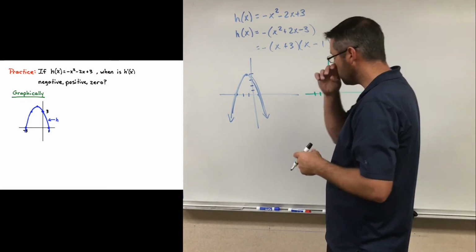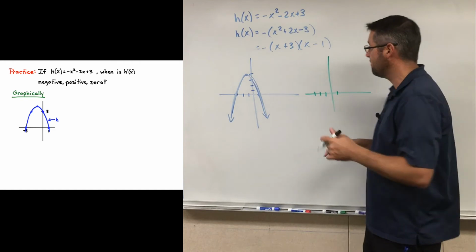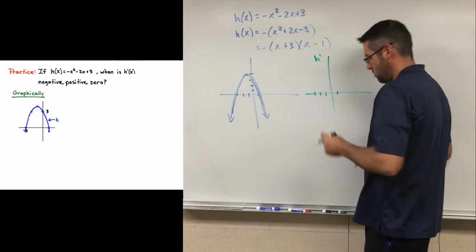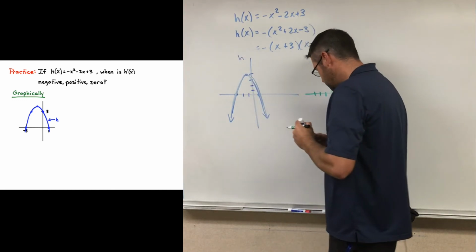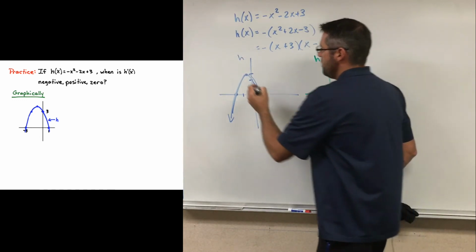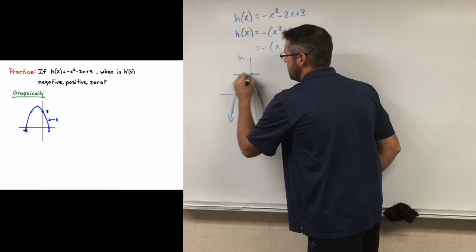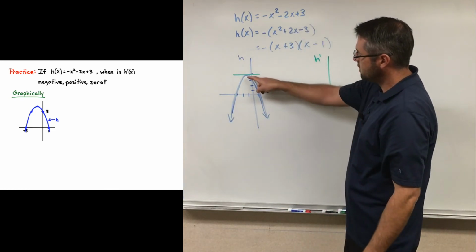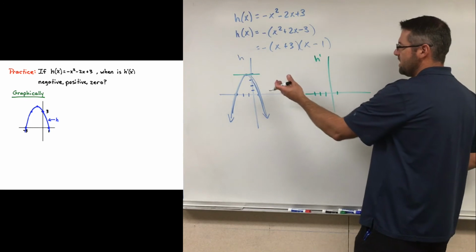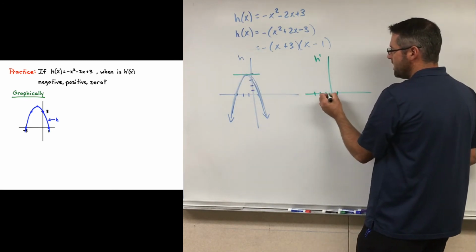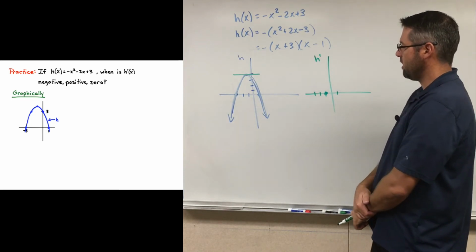Where is the derivative going to be 0? The derivative is going to be 0 when we have a horizontal tangent line. If I drew a tangent line at the peak there, it would be horizontal. What does that mean? That means the slope is 0. So at negative 1, I can put a 0 there.